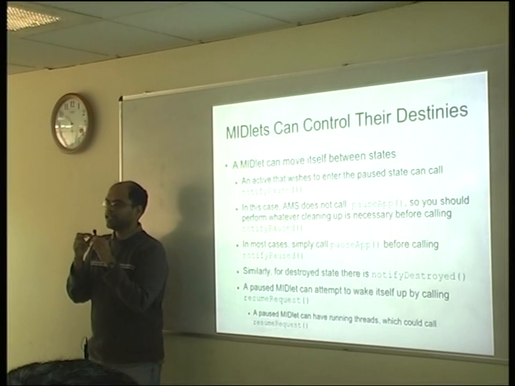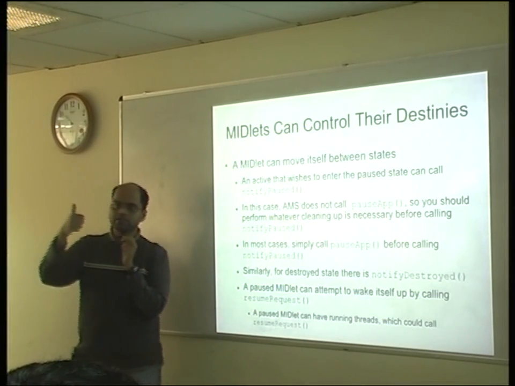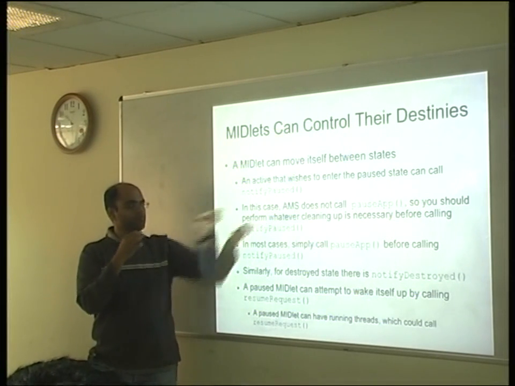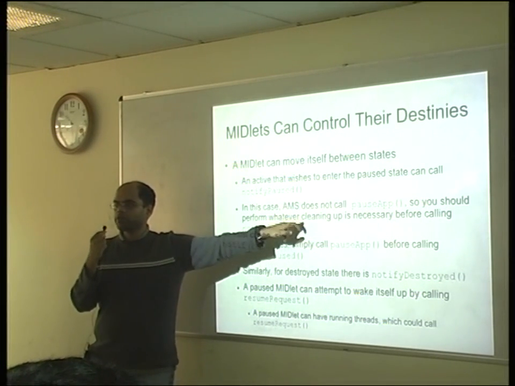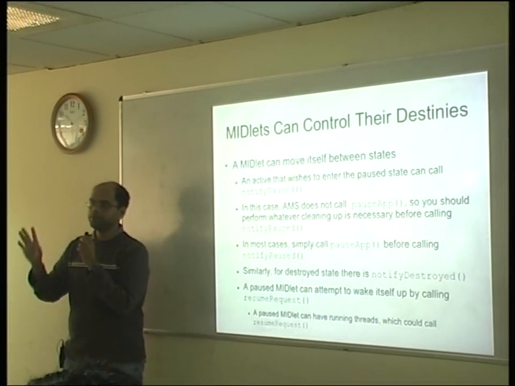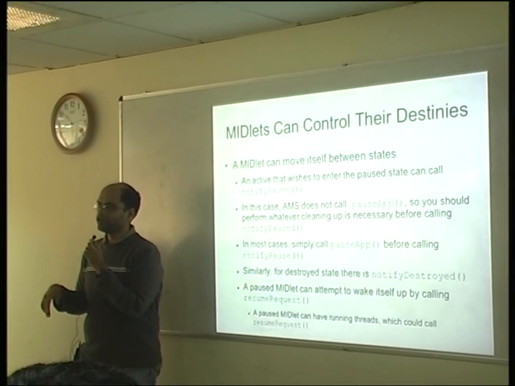So you are telling the AMS that you can now pause yourself. The difference is that the AMS will not call pauseApp on you. It's your duty to do all the housekeeping things for the pause and then go into the pause state.